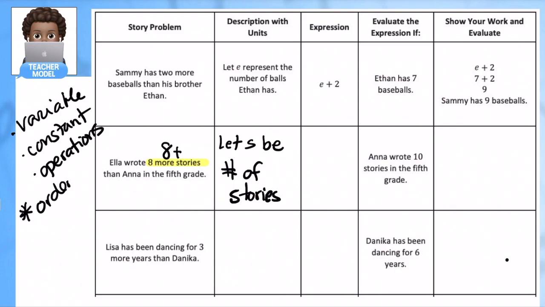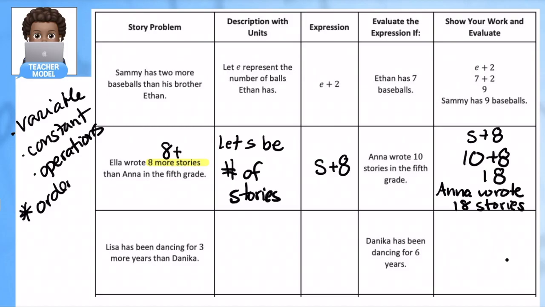Because Ella wrote 8 more stories, I would say S plus 8 will tell us what Ella wrote. Anna wrote 10 stories. Okay, S plus 8. Anna wrote 10, so we're going to substitute this in and put in 10. So 10 plus 8 is 18, and there's our sentence. Ella wrote 18 stories.